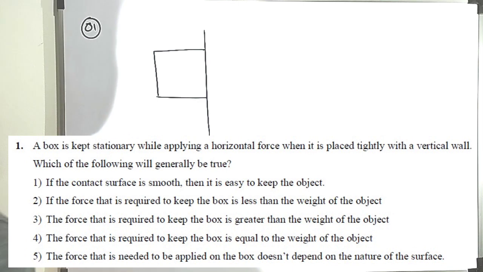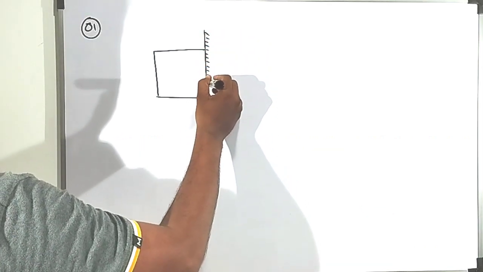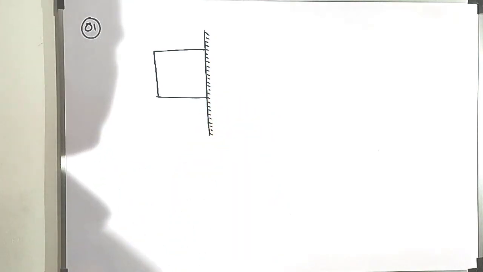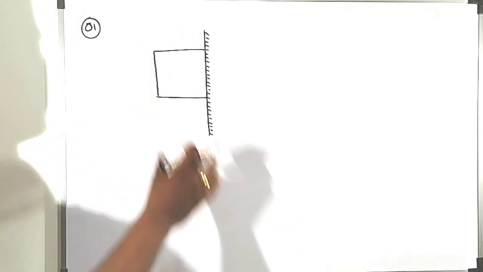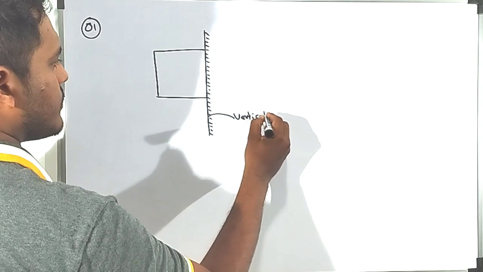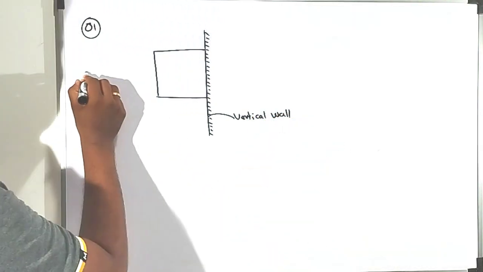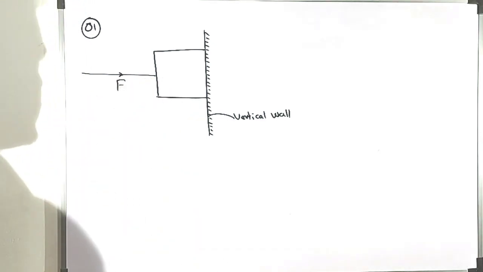Here the object is placed tightly against the vertical wall, then a horizontal force F is applied on the object.